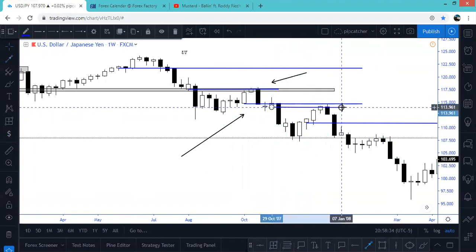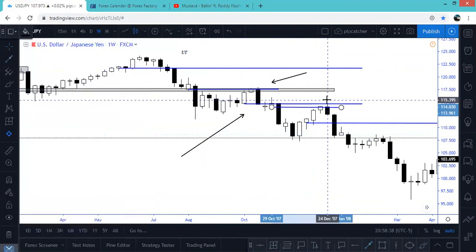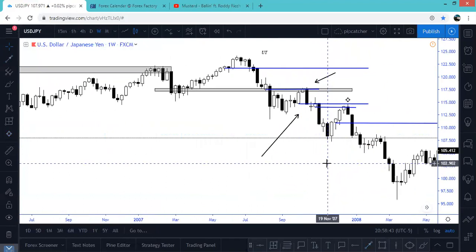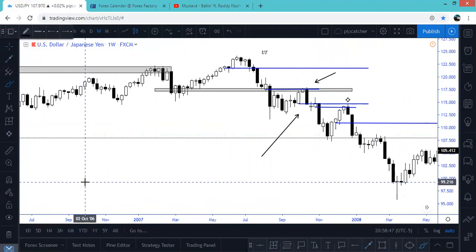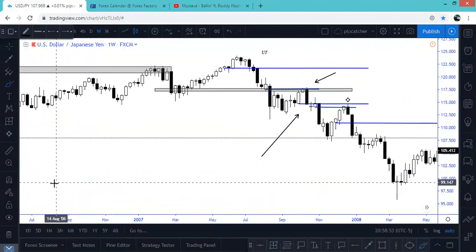This stuff happens over and over again. The market is repetitive in itself. That doesn't mean it's going to do the same thing the exact same way. It's going to do the same stuff over and over again, but in different ways.